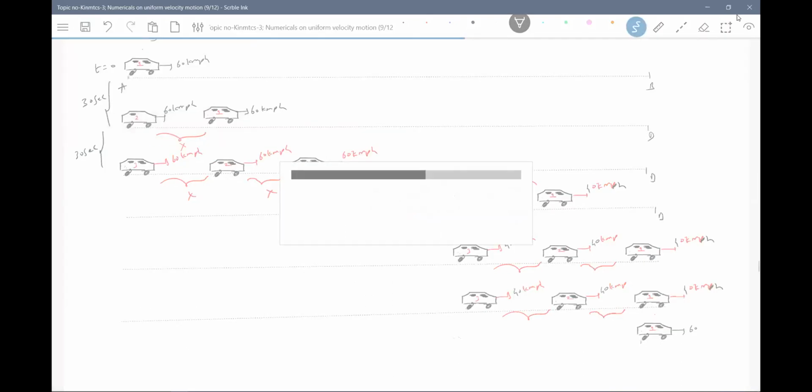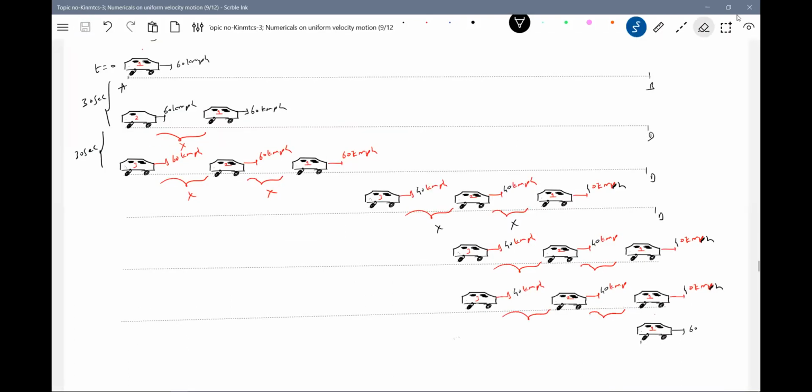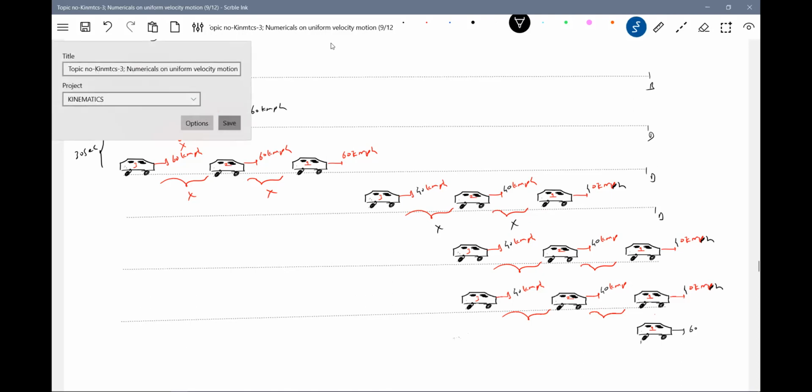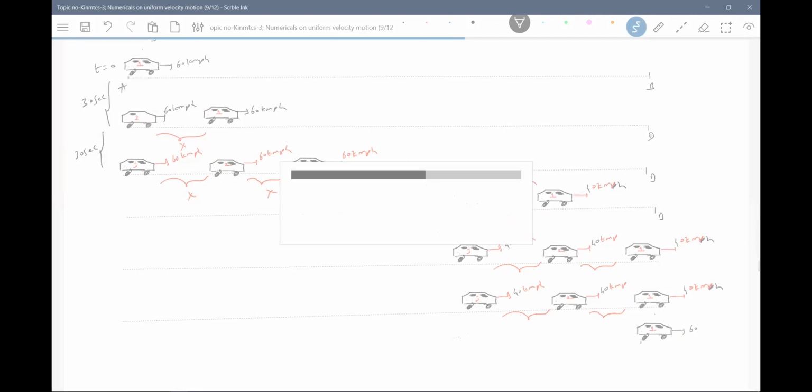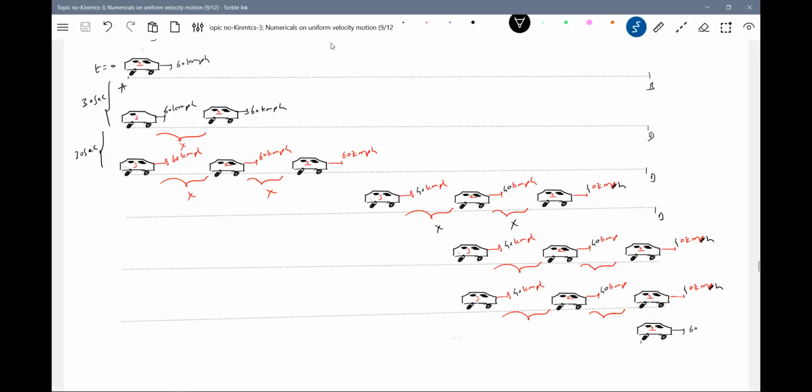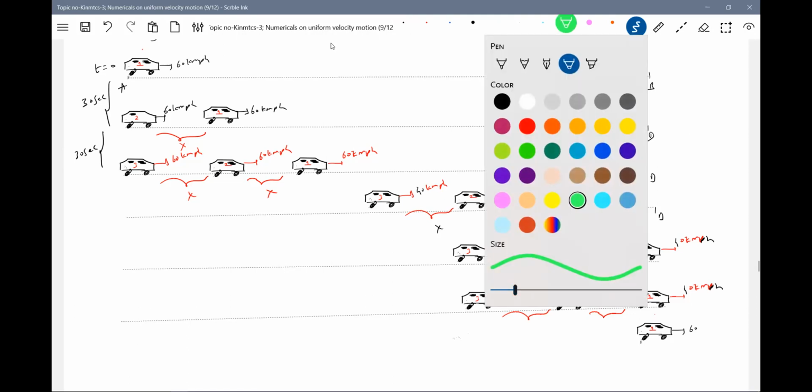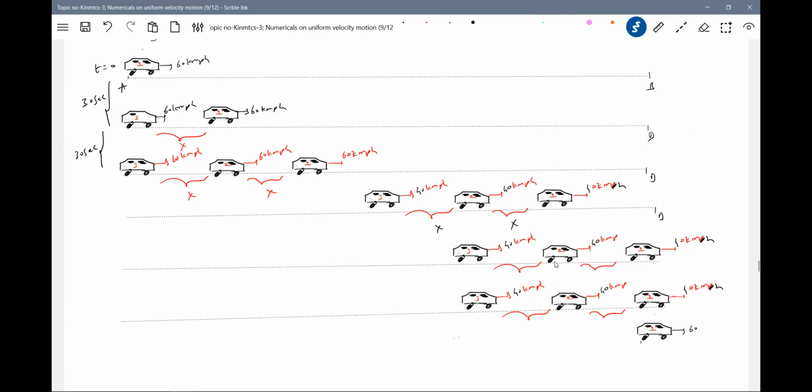Let me save and see. Okay. We can erase, no? Okay, I'll do one thing. I'll have alternative. I'll erase by white color.